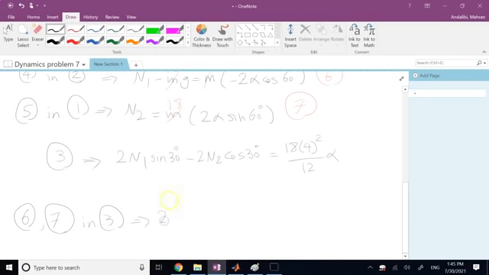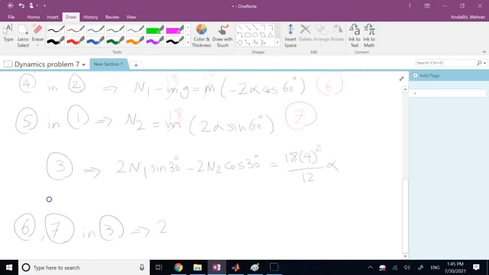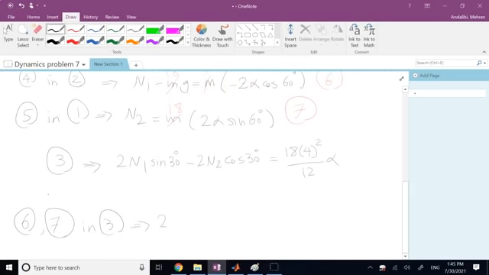here you're going to get 2 for n1, you take mg to the other side. So this is going to be mg, and m is already 18. So this is going to be g, and then minus 2 alpha cosine 60. Cosine 60 is 1/2. So it's simply going to be 2 times alpha times 1/2, right? This is this one times sine of 30, and sine of 30 is also 1/2.